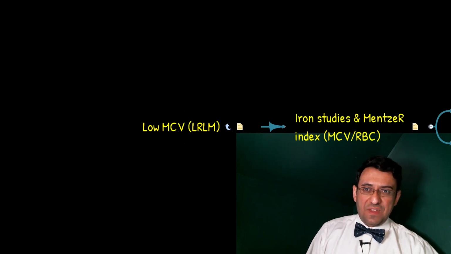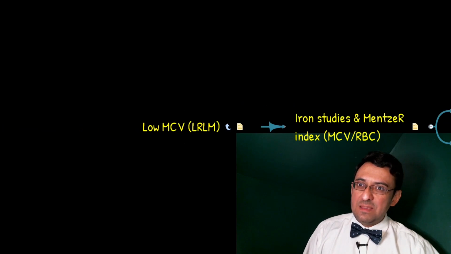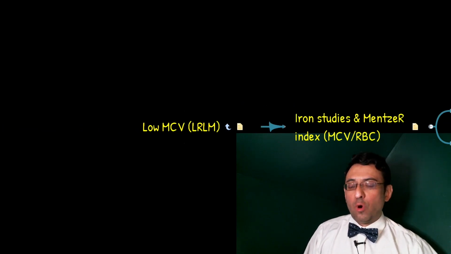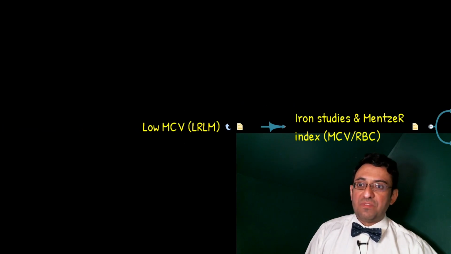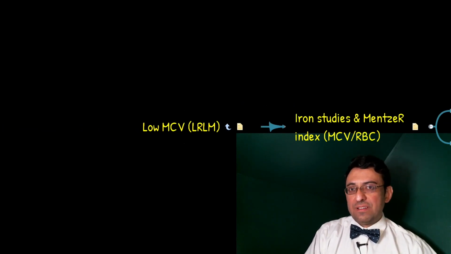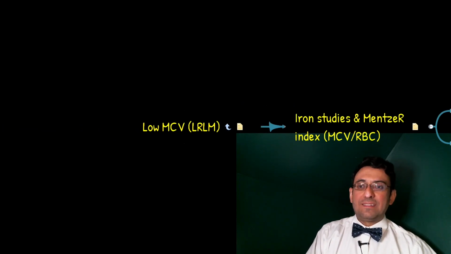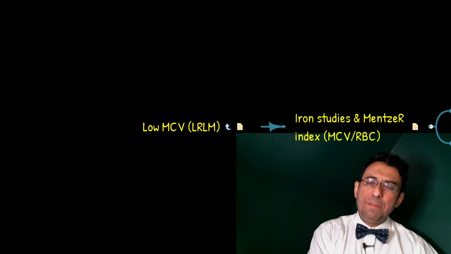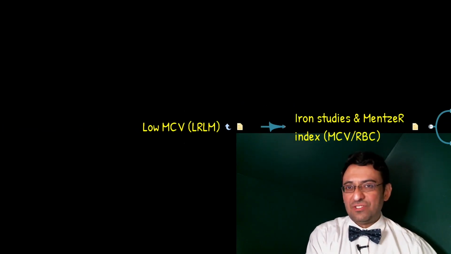Why? In the very last step of heme synthesis, we have the incorporation of ferrous iron into protoporphyrin by the enzyme ferrochelatase. If we do not have enough iron, this very last step that synthesizes heme from protoporphyrin will be impaired. Now the question is why copper deficiency is considered a cause of sideroblastic anemia.